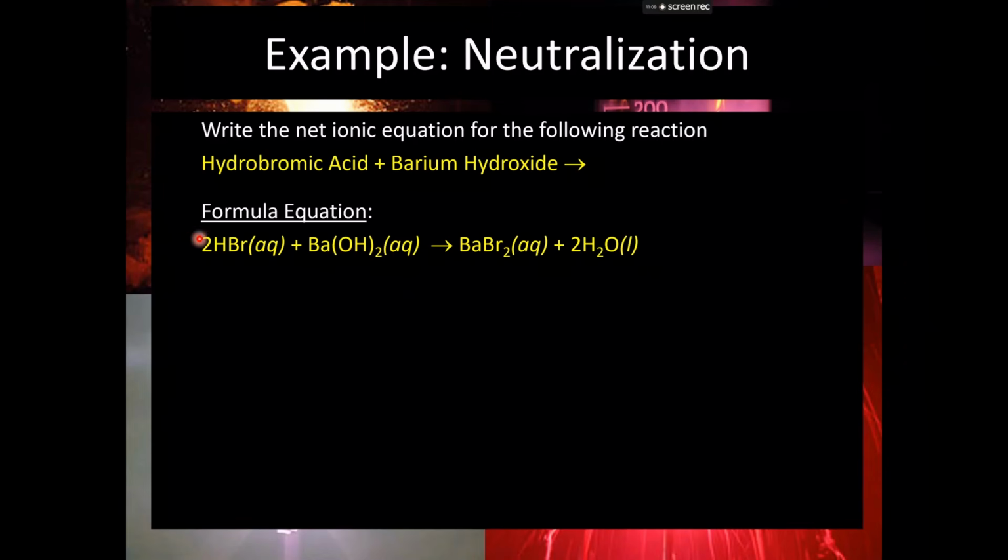Now again, you should be able to get this far, the formula equation, by just knowing what we did in sections 1 through 4. But once you're here, we are going to do the exact same thing to get our complete ionic equation that we did earlier. Remember, in order for something to be split apart, it needs to be aqueous and either an ionic compound or an acid.